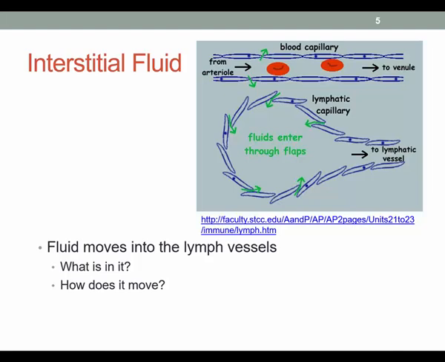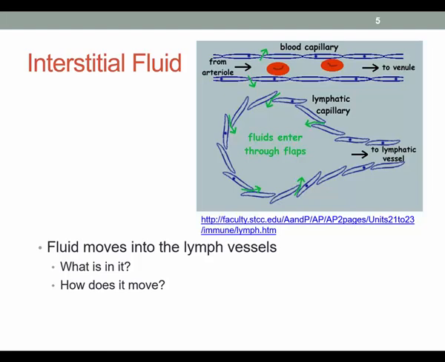Lymph fluid is kind of a clear yellowish color, like plasma without the blood cells. It contains similar things as plasma, except it doesn't have blood cells and it doesn't have the large plasma proteins. About 10% of the material pushed into the interstitial space due to blood pressure, diffusion, osmotic pressure, etc., is not returned to the venule end of the capillary.